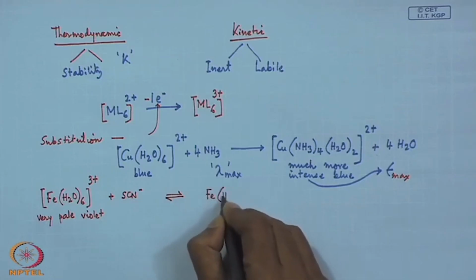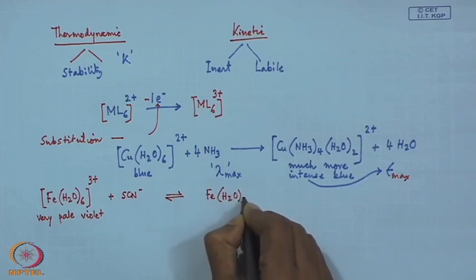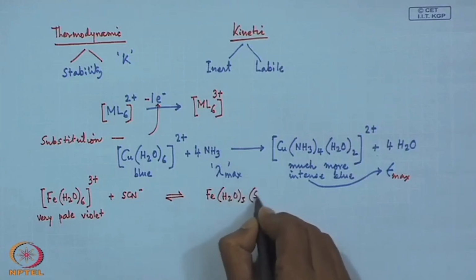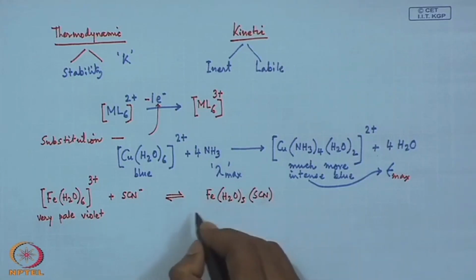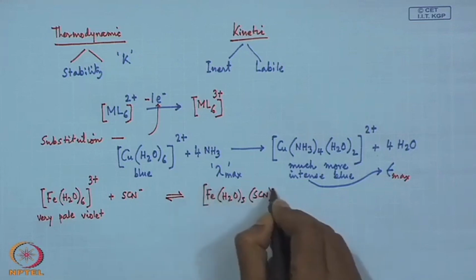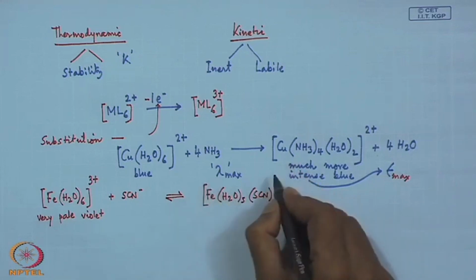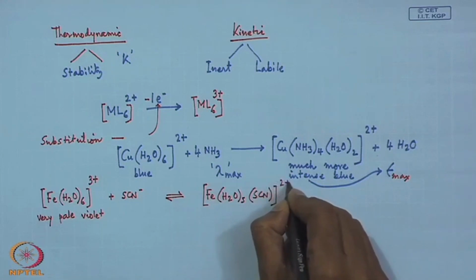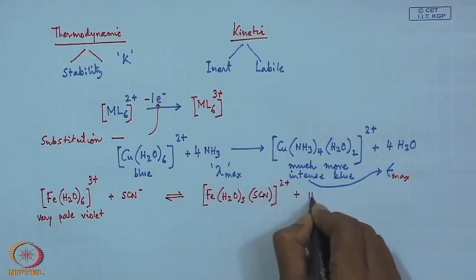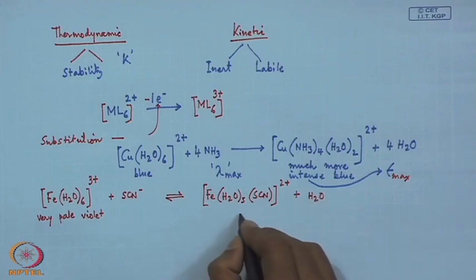We get, with the attachment of one thiocyanate group to the iron center with replacement of one water molecule, with the elimination of that water molecule, a characteristic color change.